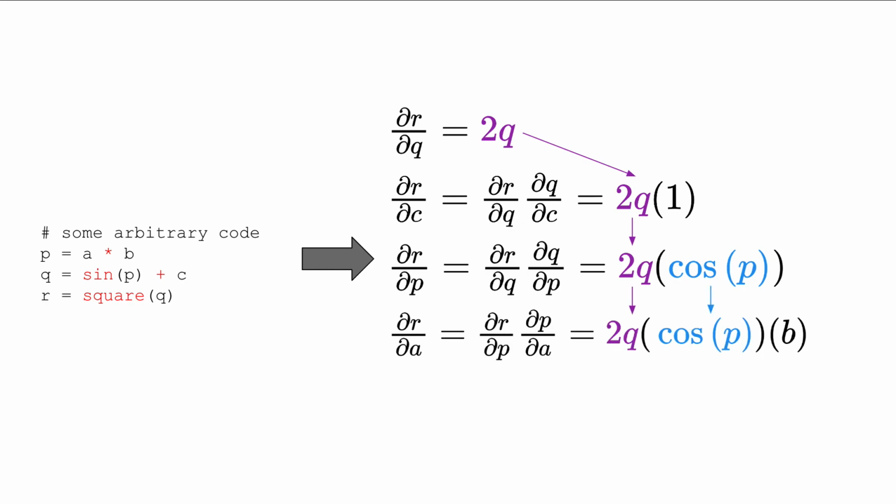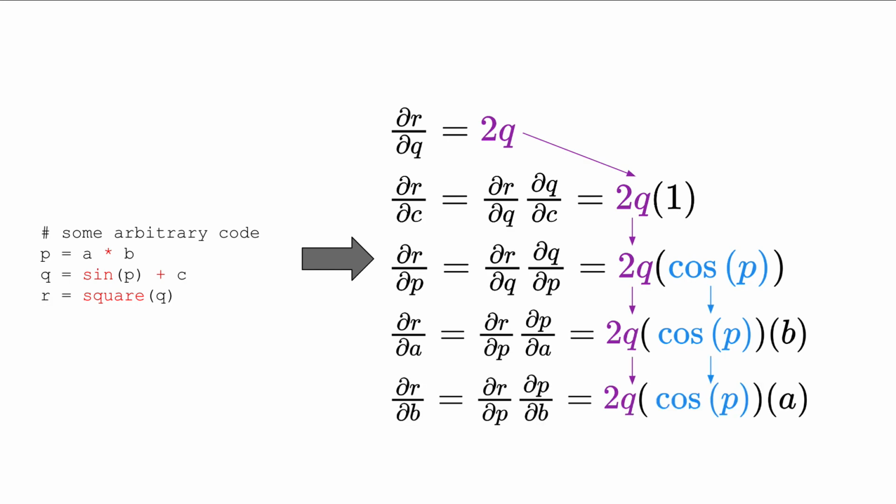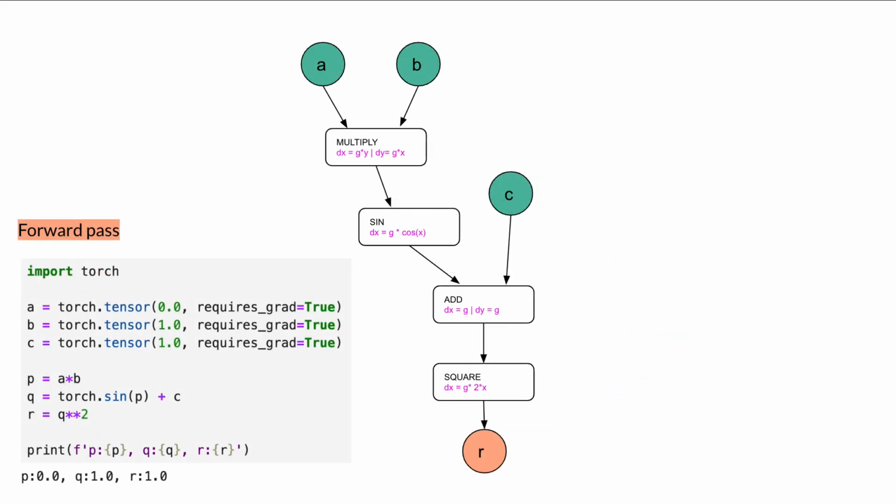The partial of r with respect to a is again passing that back up and now multiplying by b, and then with respect to b is passing that up and multiplying by a. So this is the algebra of the partial differential calculus to evaluate this function with respect to the inputs a, b and c. So what does that look like?